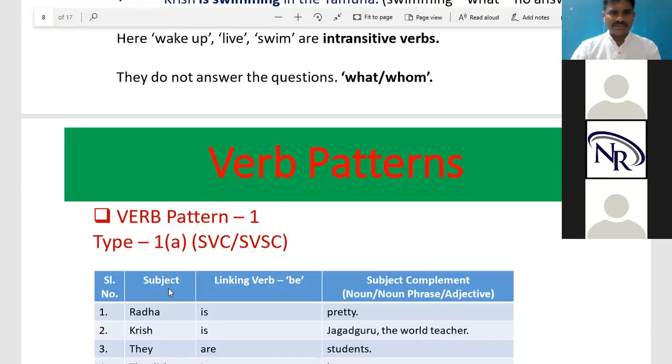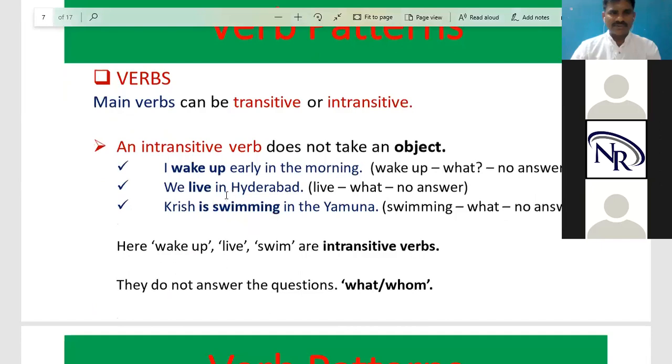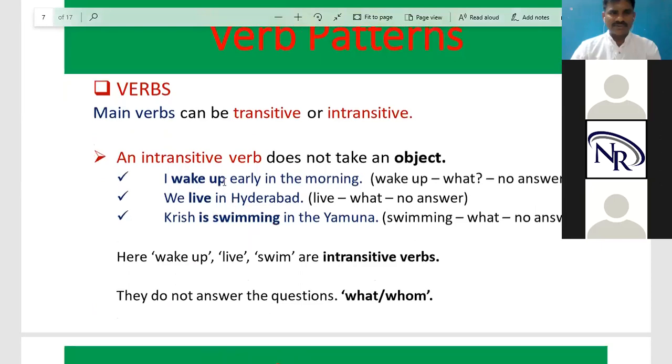So this is all about the basics of verbs. If we want to go into verb patterns or basic sentence structure, we have to know about verbs. A verb is a word that describes an action, state, or position.